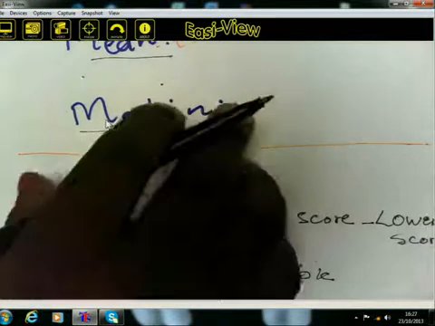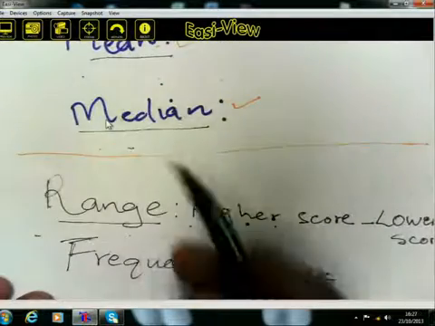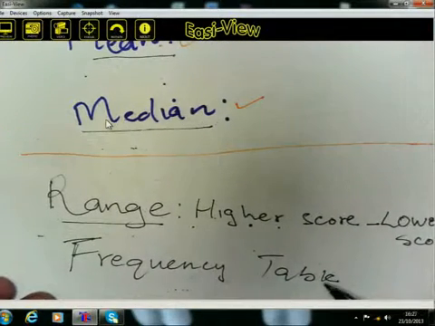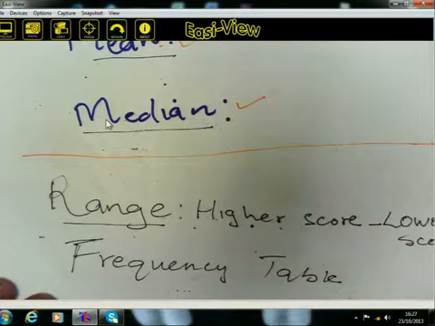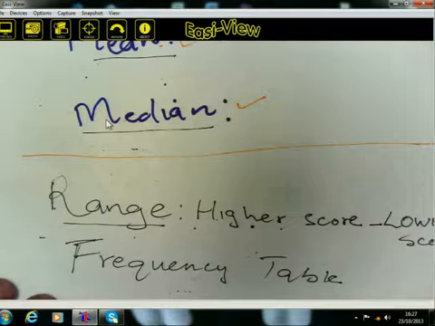After putting the information which was given on the frequency table, we'll be able to do also the quartiles.